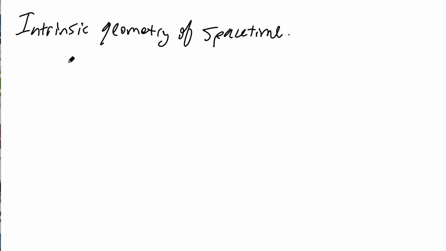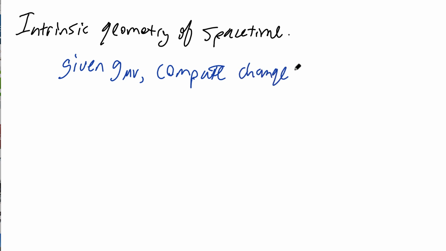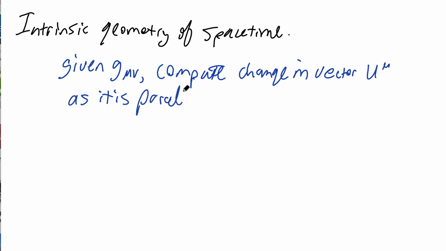So our goal will be, given a space-time metric, g mu nu, to compute the change in a vector. Let's call the vector u, as it's parallel transported around a closed loop.